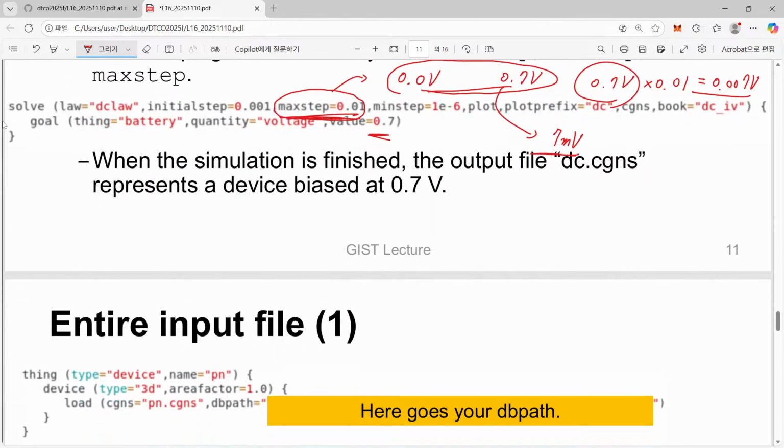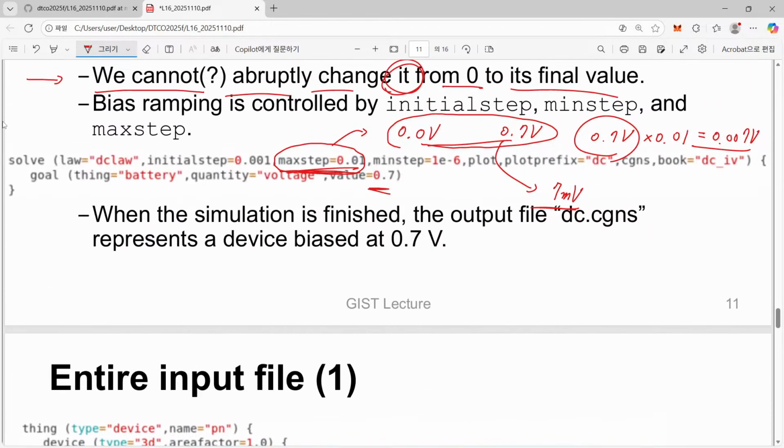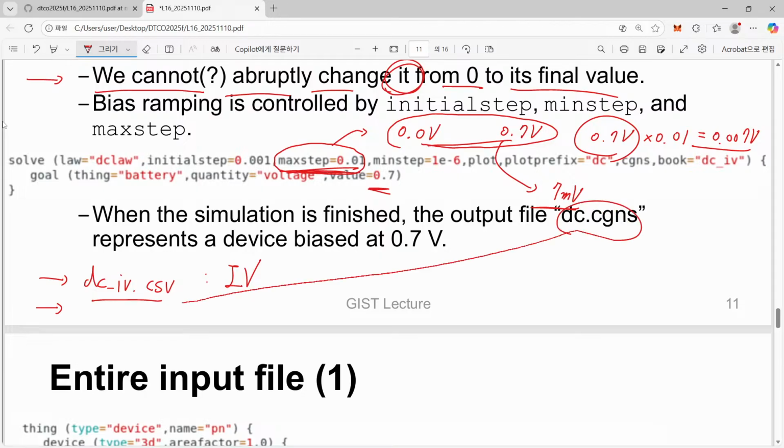Okay, so anyway, you will have two outputs. One output is the DC IV.CSV. This is for IV characteristics. This is a text file. You can open it in your text editor, and also visualize it in a curve. And another one is the final physical quantities, saved in DTCO2025. Why is it saved there?